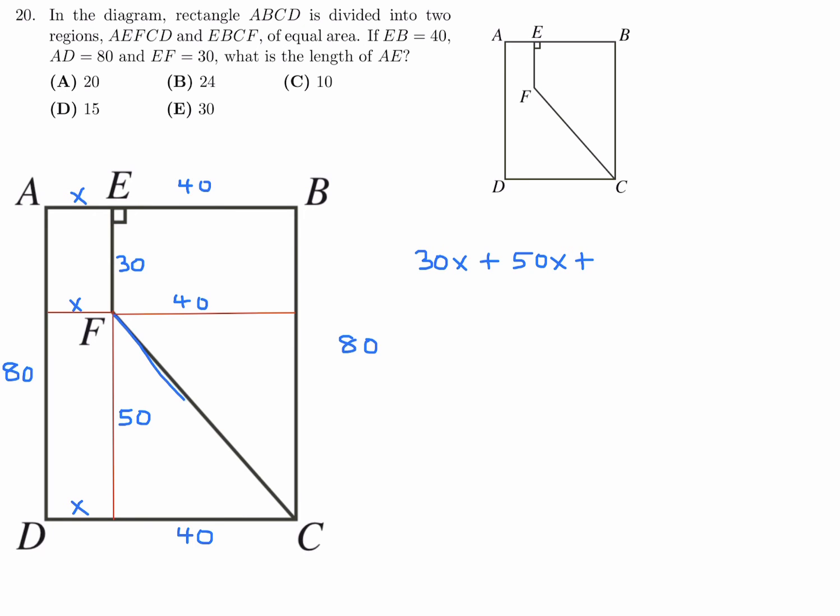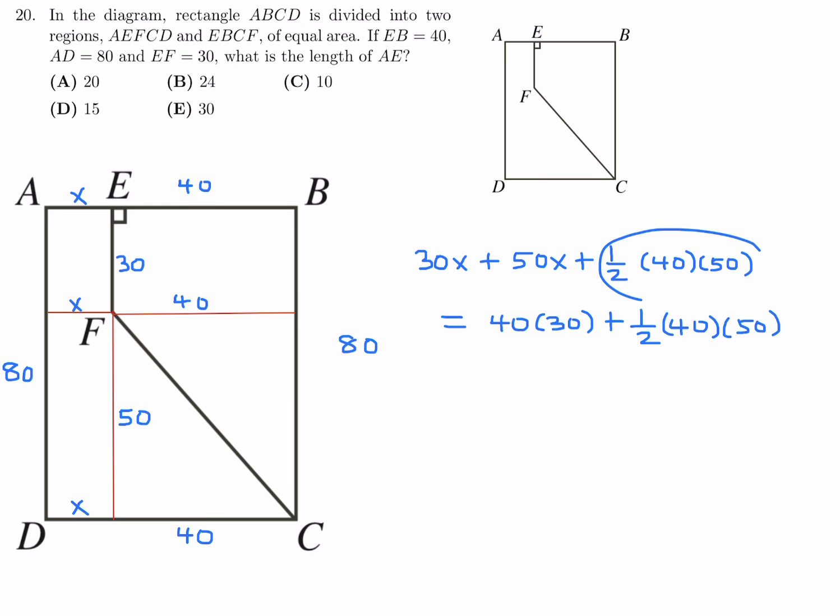And then we have this triangle right here, and that's going to be 1/2 base times height. And that is equal to that rectangle, which is 40 times 30, plus this triangle right here, which is 1/2 base times height, which is 40 times 50.